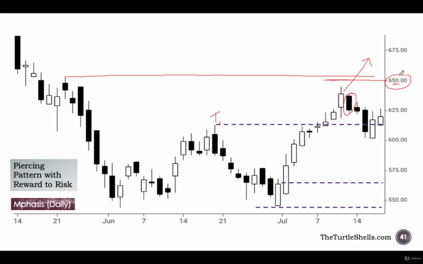It's not 651 or 652 or 649. It's precisely 650. That is where the bears are sitting. This is where the bears are sitting. So we achieved our target on this candle. So nice reward to risk trade. Good analysis of the previous support. Okay.